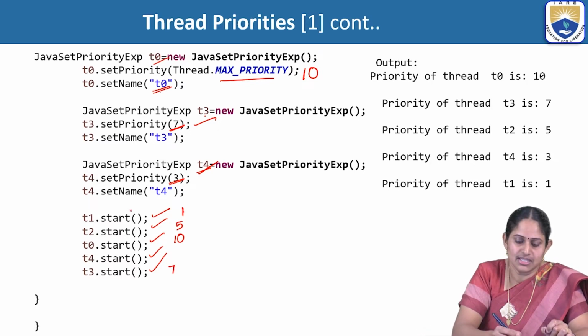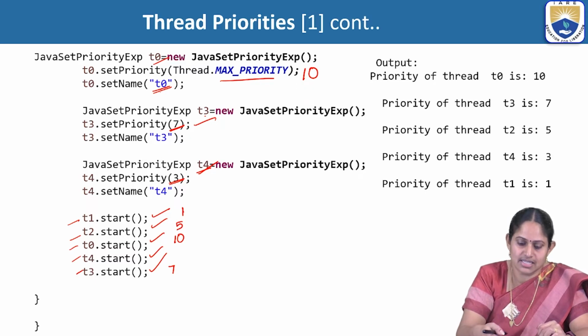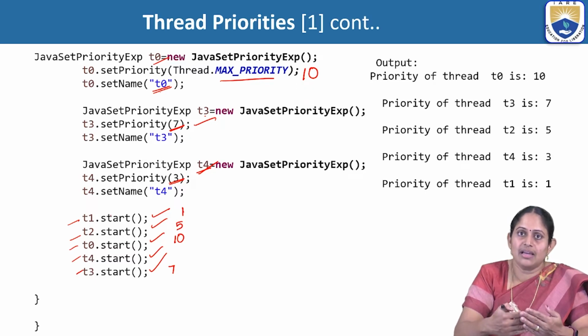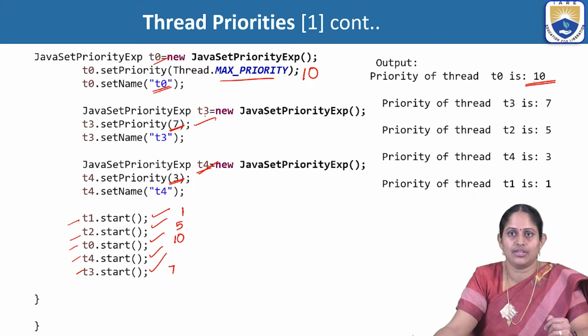When we started the execution of all these threads, in a fraction of seconds all these threads are starting, right? When all these threads are starting, we will see in the output the thread with the highest priority getting executed first.